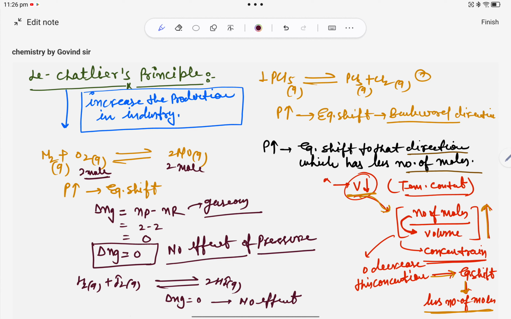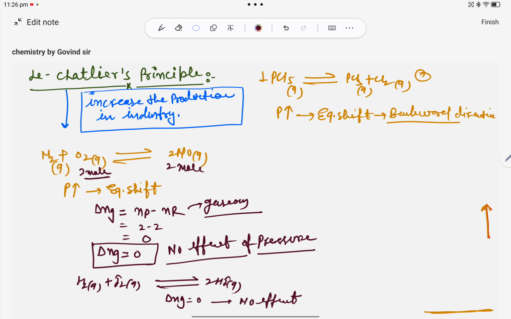One more concept I will tell you. Here we know that PV equals nRT. So pressure is directly related to the number of moles. Total pressure is directly proportional to the total number of moles.